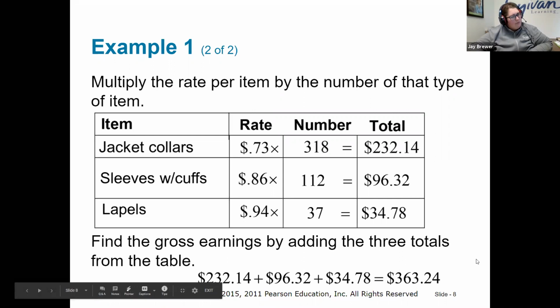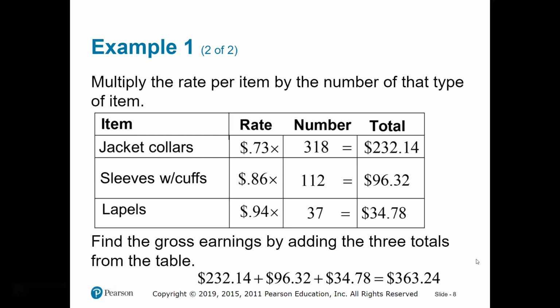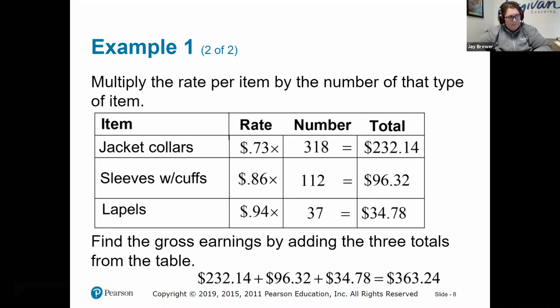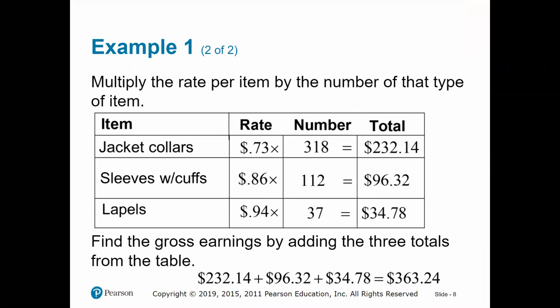Didn't we write down a different number? I said 463. Yeah. What went wrong there? Hold on. So 318 times 0.73. Oh, it was 232 for the 318 times 0.73, but I accidentally put in my calculator 332, not 232.